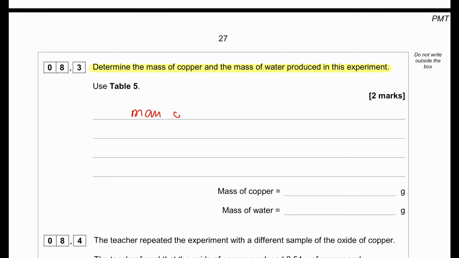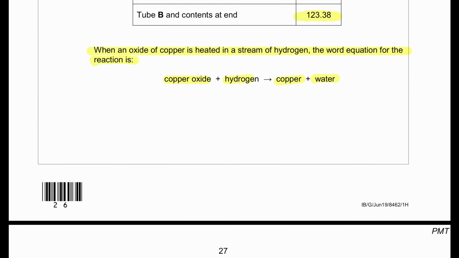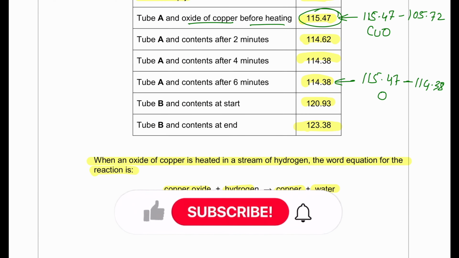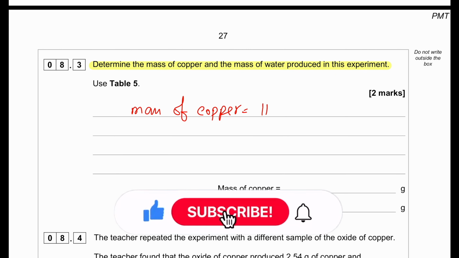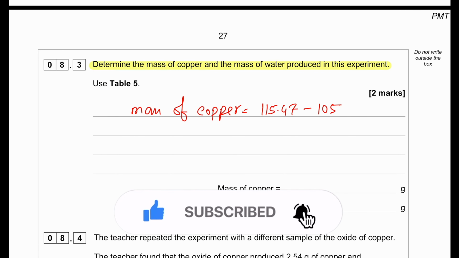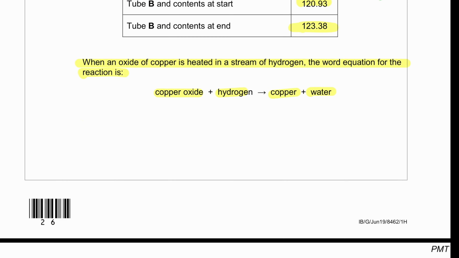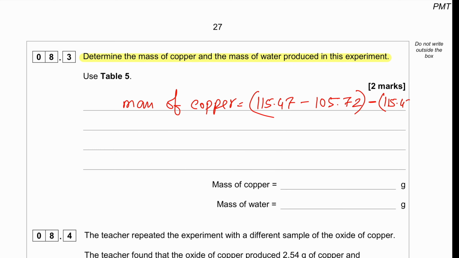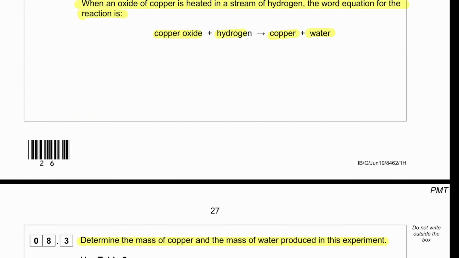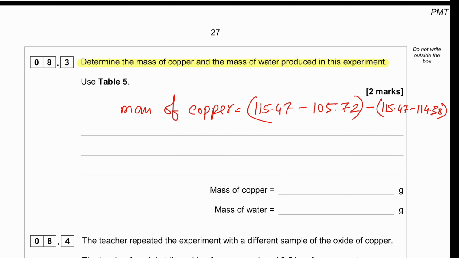So guys, the mass of copper equals 8.66 gram.